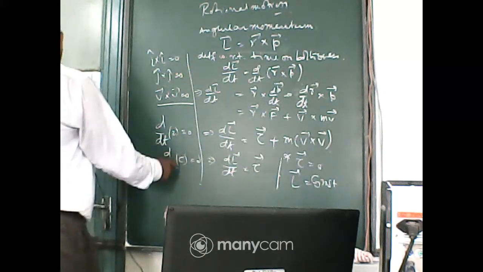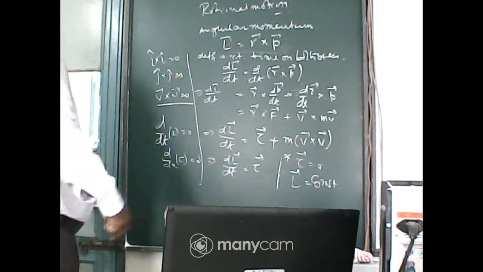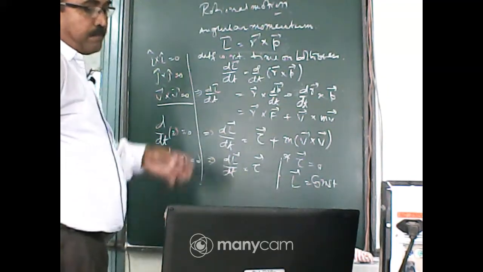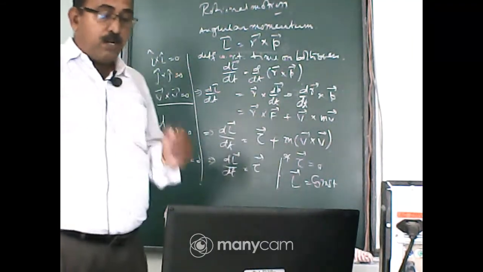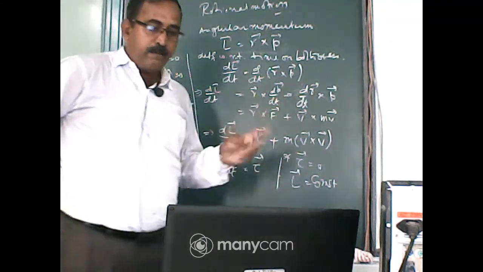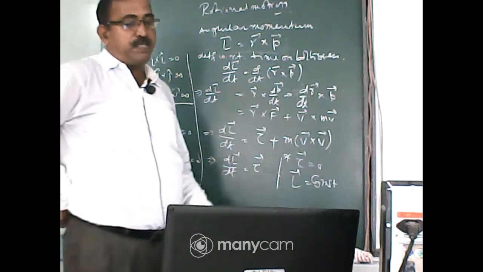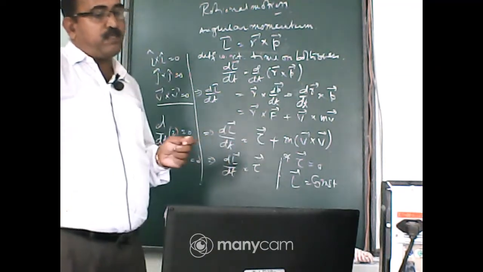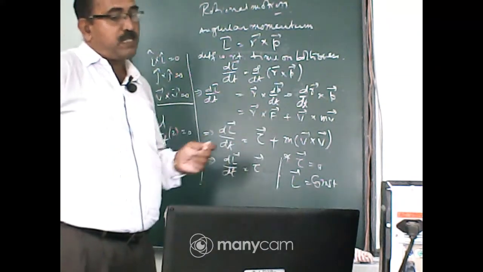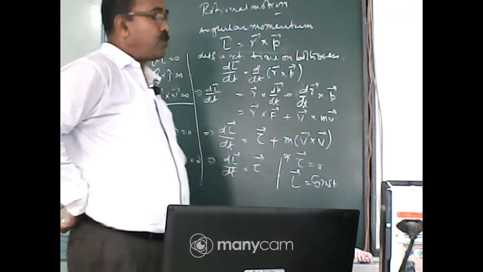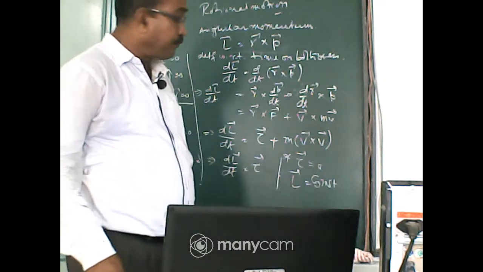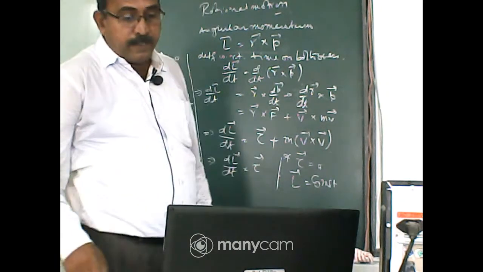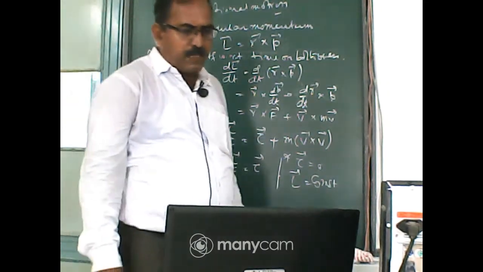So 2 and c are all constant terms. So L is constant. L is constant means I1 and I2 are the moments of inertia of the object, and omega 1 and omega 2 are the angular velocities of the object. So I1 omega 1 equal to I2 omega 2.